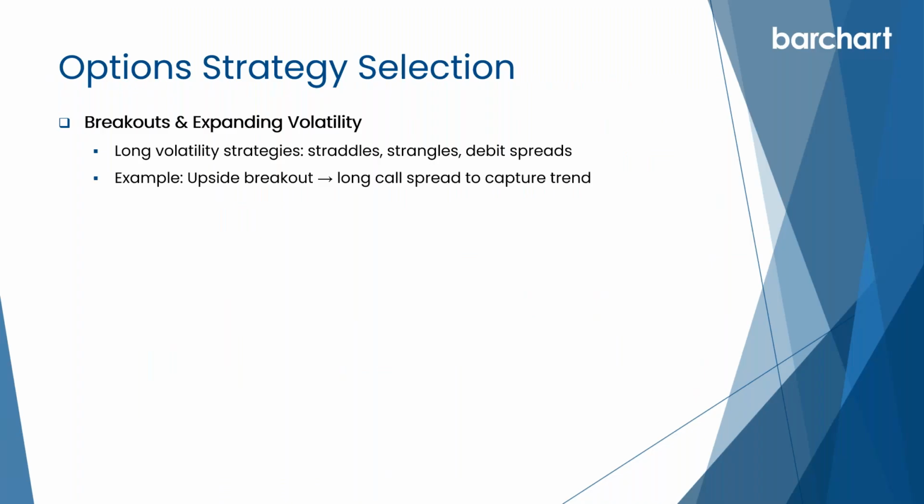Now, if I'm thinking of something that is maybe more directional and I want to play it from that perspective, then something like a vertical debit spread, for instance, in this case, an upside breakout, we're going to go long call spread, a bull call spread, to try to capture that trend.